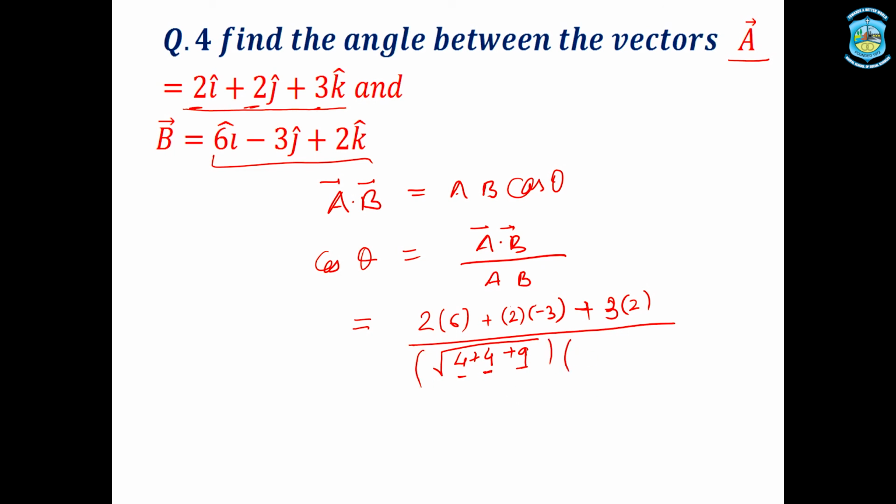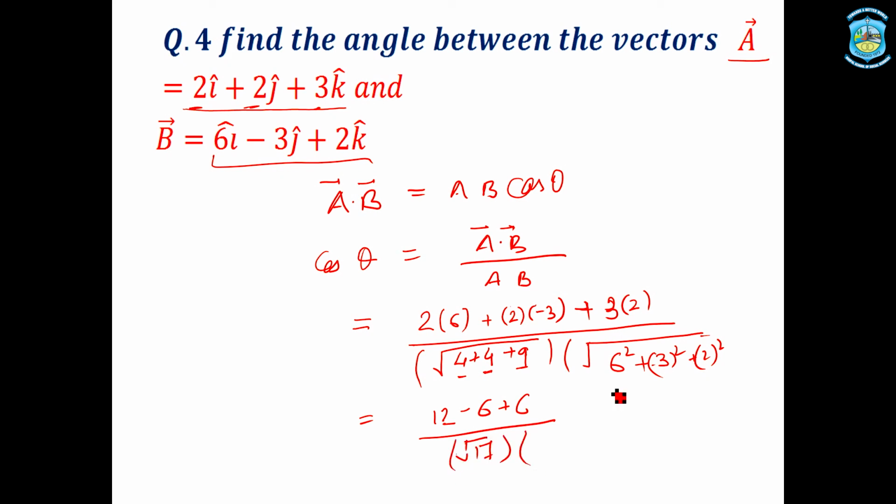Similarly, the modulus of vector B can be given as the square root of 6 square plus minus 3 square plus 2 square. On solving this, we will have 12 minus 6 plus 6 divided by the square root of 4 plus 4 plus 9, that is 17.